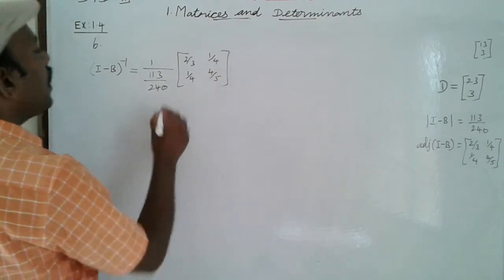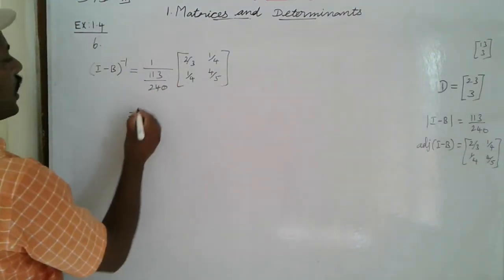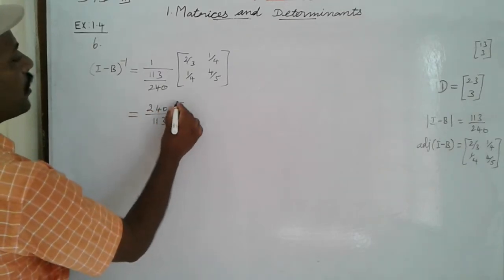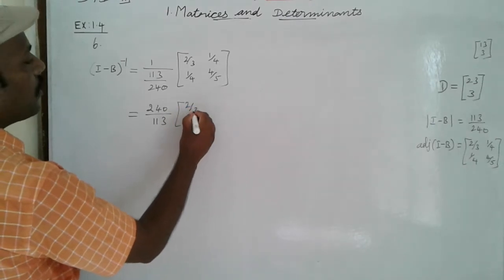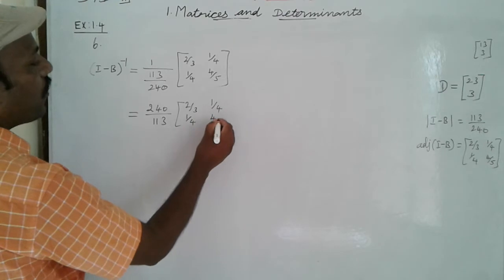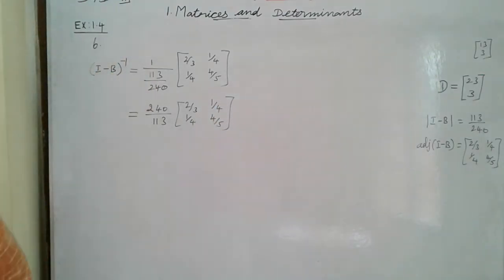Taking the reciprocal, we write 240 divided by 113 into this matrix. This is I minus B whole inverse.